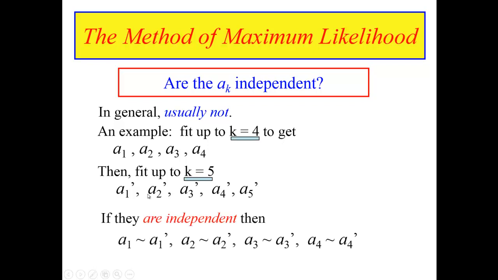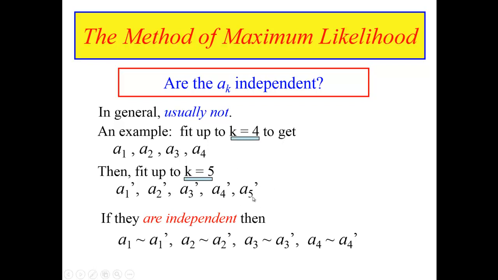So if the individual terms in the fitting function are independent of one another, then we would expect, for example, that the A1 prime term would be about the same as the A1 term, and so on and so forth. The only additional thing that would happen is we would have the A5 prime term.